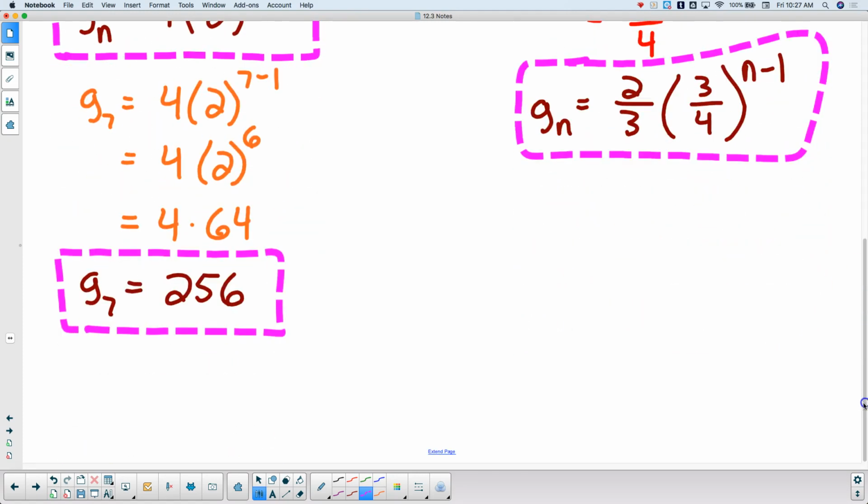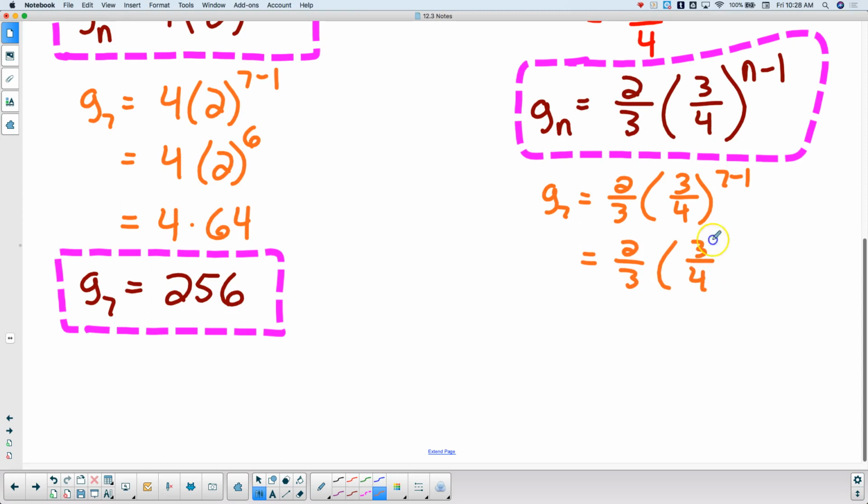Then to find the 7th term in that, seven minus 1 is 6. Three-fourths to the 6th power is 729 over 4,096.